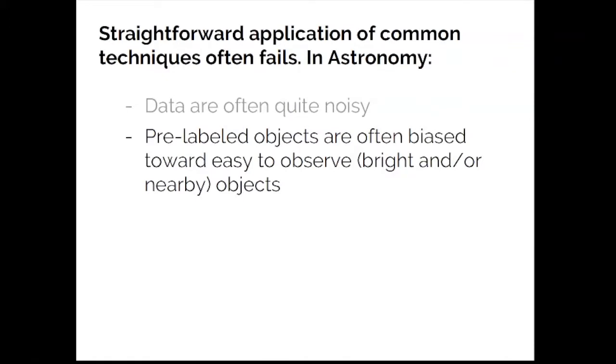We often have very biased sets of pre-labeled objects. People tend to spend a lot of time observing the brightest objects in the sky, and it's harder to get information about the faintest objects. So our labeled objects are the brightest ones, and that means you can't just run a machine learning algorithm and get those labels for the faint objects often.